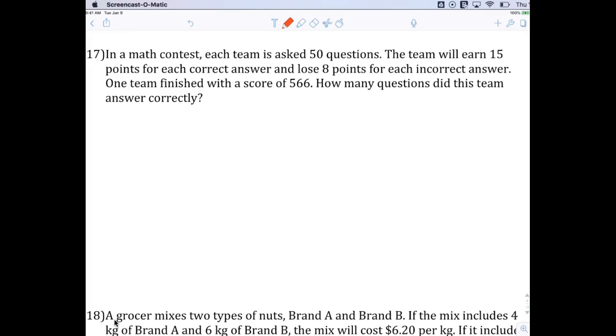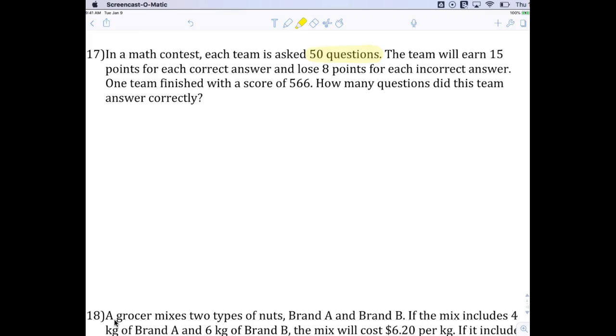Without figuring anything out, you're writing the equations. Patrick, give it a shot. Now remember, all you're asking yourself is, what are we talking about here? How many what? Questions.